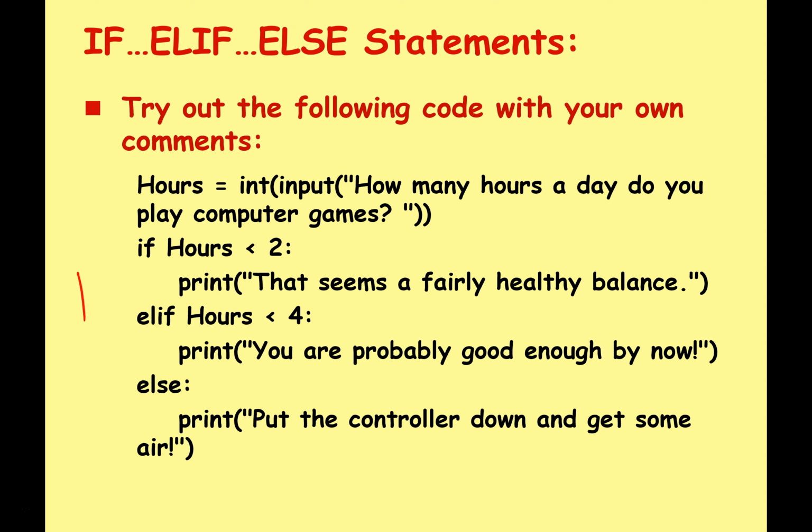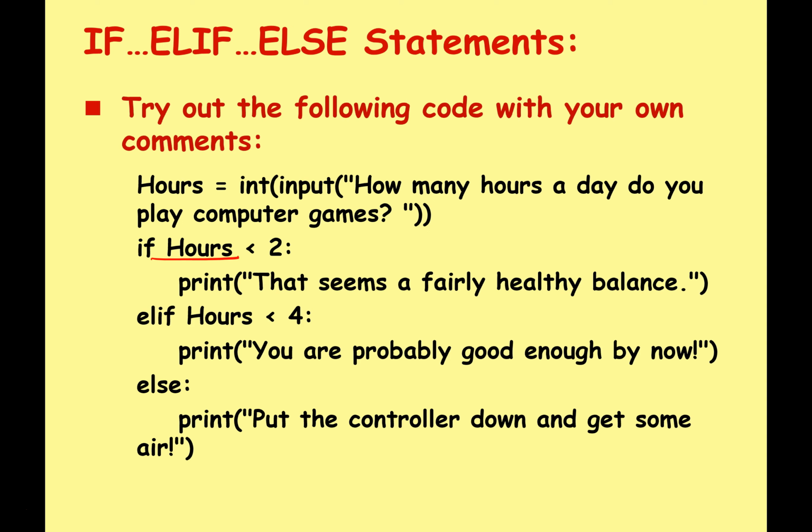Only one of these will execute. They're all connected into a block. So if this executes, it will then skip to the end of the program. The same for that. If the ELIF is true, it'll skip to the end once it's executed.